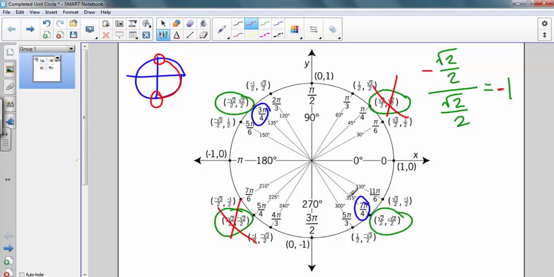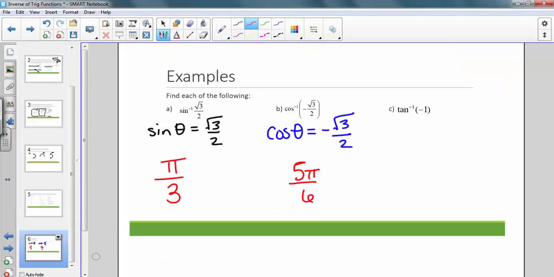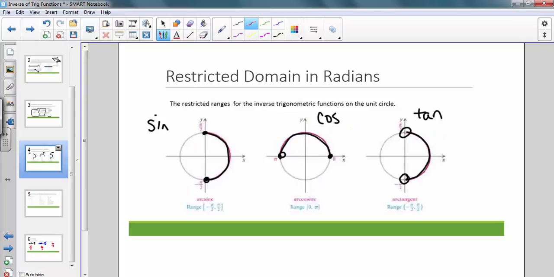That tells me my only answer is 7 pi over 4, because 3 pi over 4 is not in the range. So the tan inverse of negative 1 is 7 pi over 4. Just remember, the most important thing is to keep in mind the restricted ranges for the arc sine, the arc cosine, and the arc tangent.